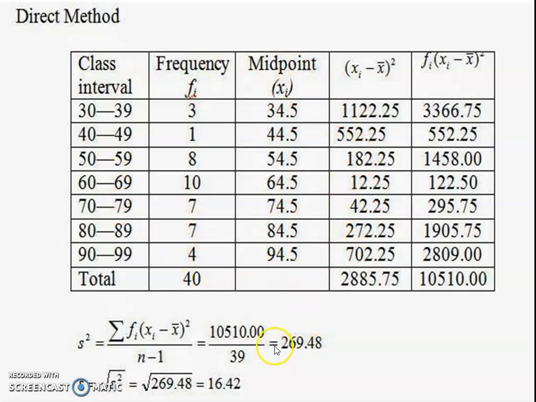Multiply, and make the column. Then xi minus x bar we have to derive, 112.25 whole bracket square, and fi into (xi minus x bar) whole square.